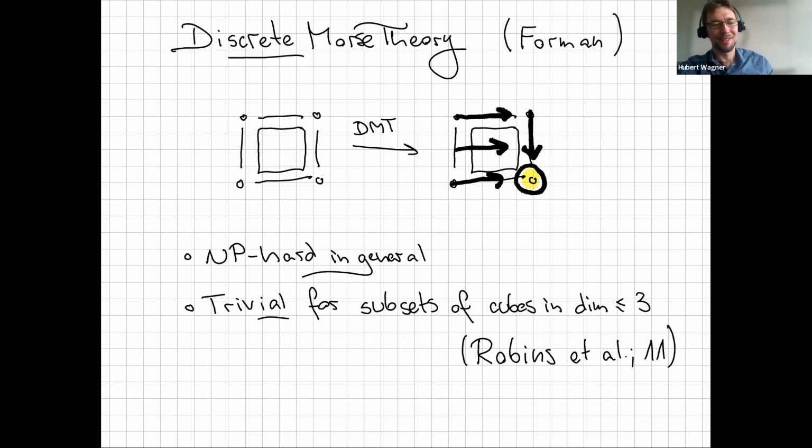So you can get things which are topologically harder to detect as a subset of those cubical complexes, which leads to problems with getting a perfect Morse matching.